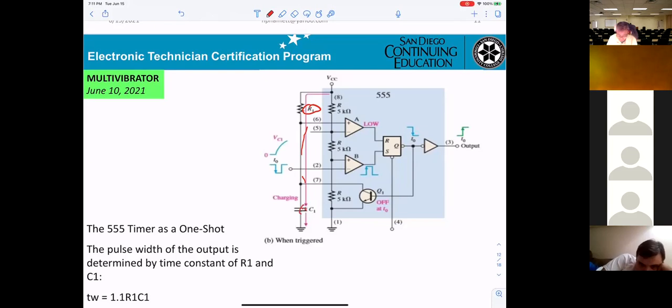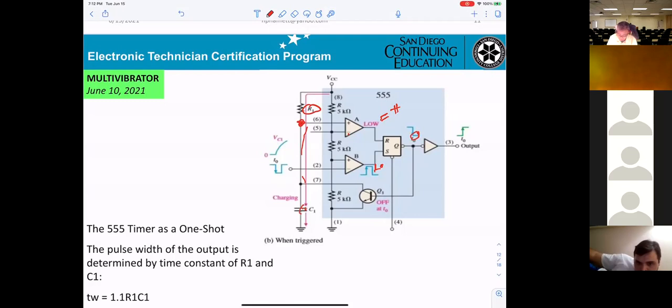When the capacitor is charging, that means the voltage at this point here will be changing. So it will be higher than the negative, output now will be high, and then that one is supposed to be low. So it will be reset, that means the output will be 0.